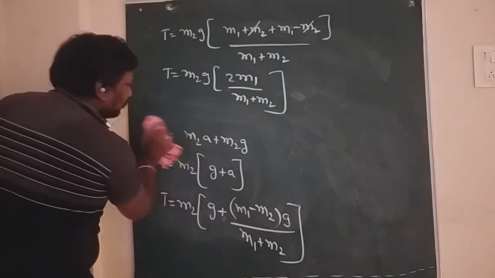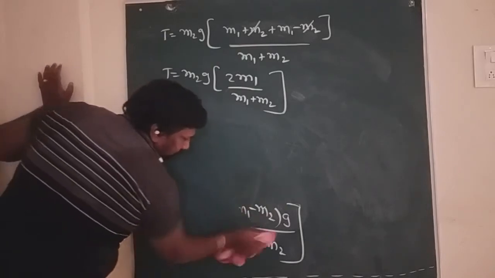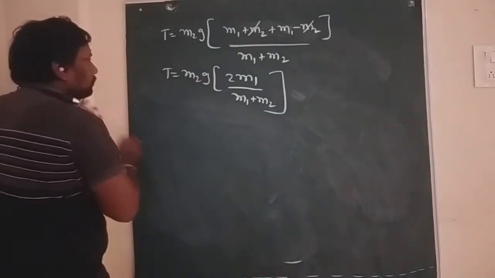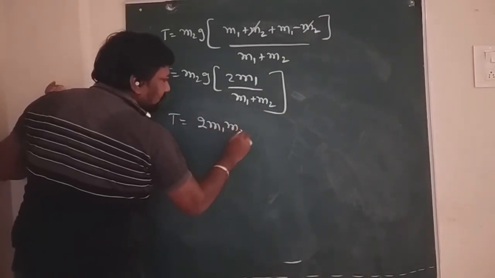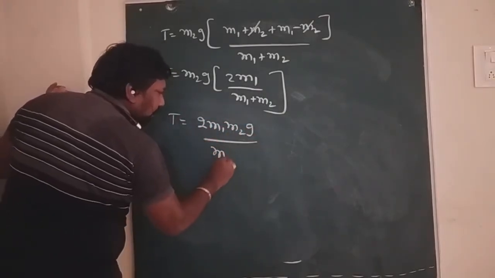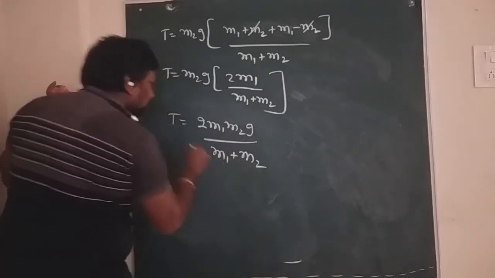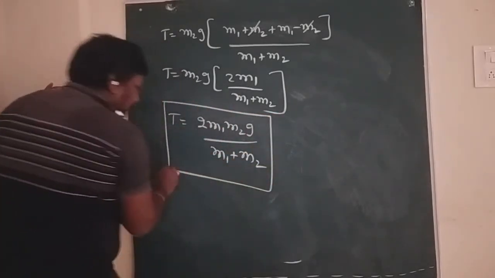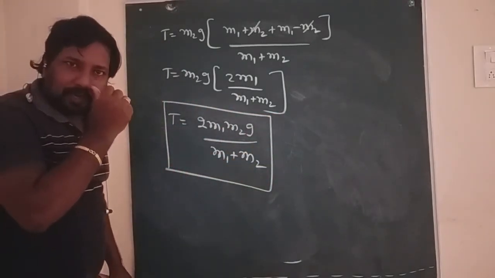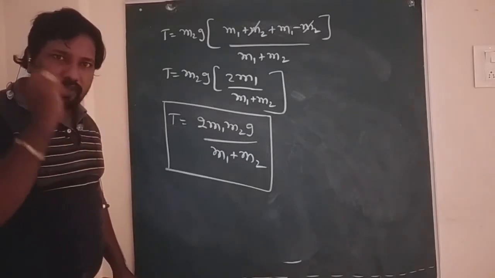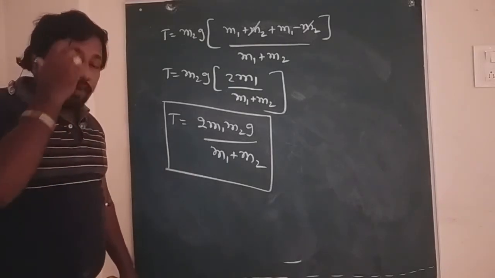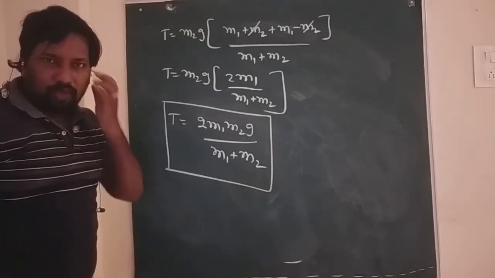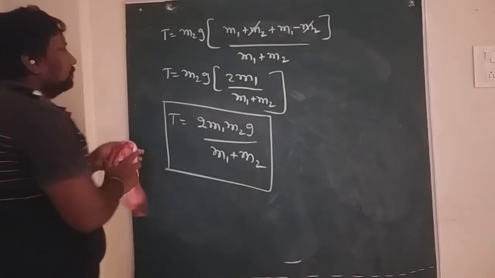So now T equal to 2M1M2G by M1 plus M2. This is the tension in the string in the Atwood machine. Now this tension in the string can be written in terms of weights of the two blocks.